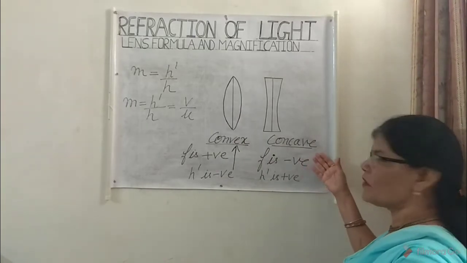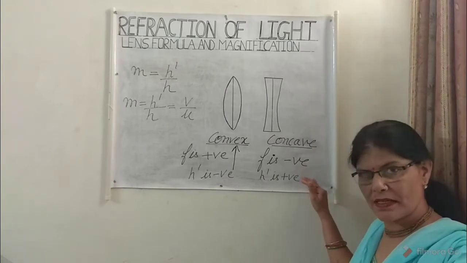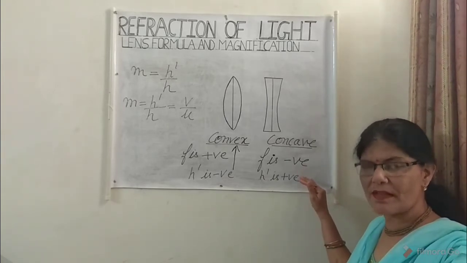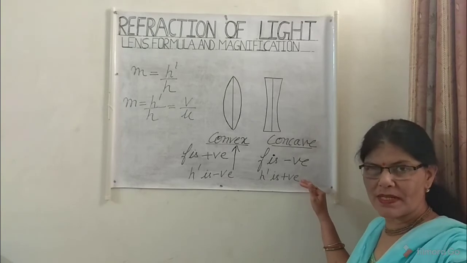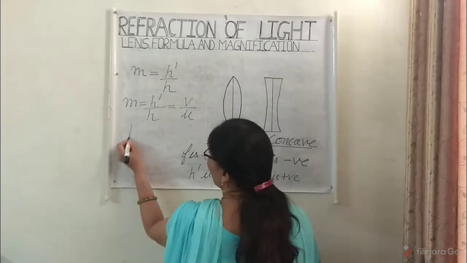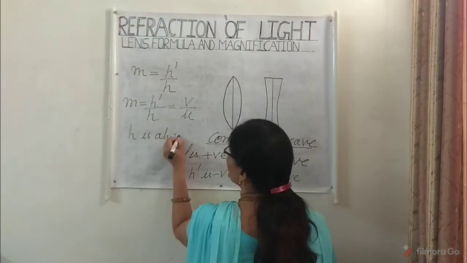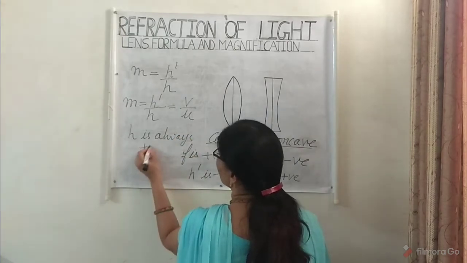In the case of a concave lens, image formation is virtual and erect. When an erect image is formed, it is above the principal axis and it is positive. And h is always positive.